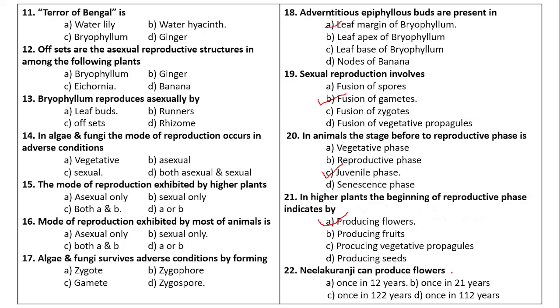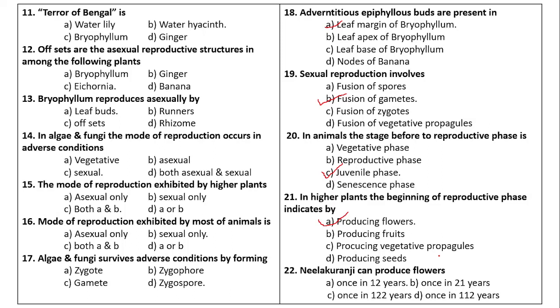Neelakuranji can produce flowers. As we have already discussed, I told you this is very important for the NEET point. So Neelakuranji can produce the flowers. Option A, once in 12 years. Option B, once in 21 years. Option C, once in 122 years. Option D, once in 112 years.